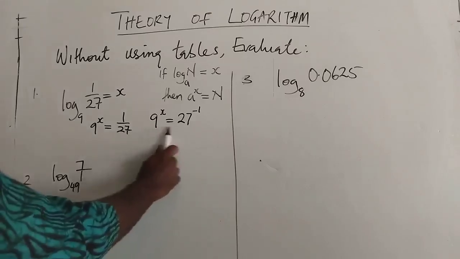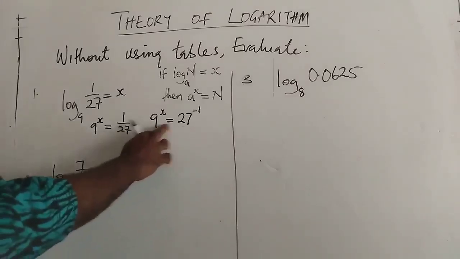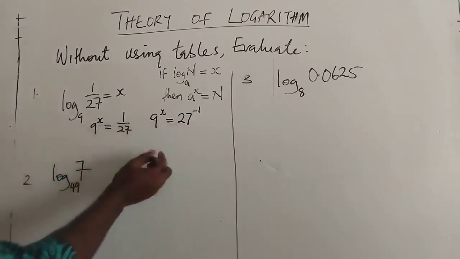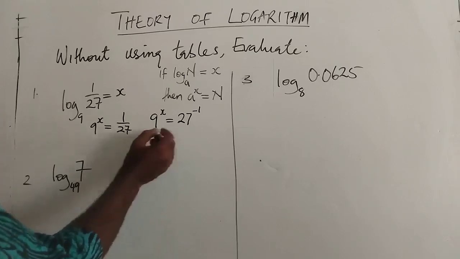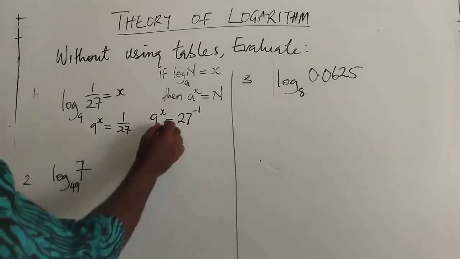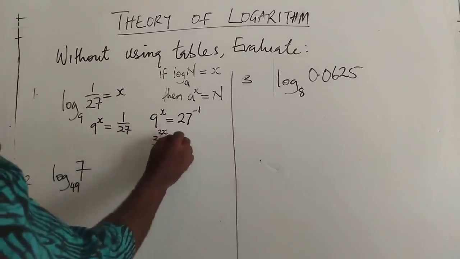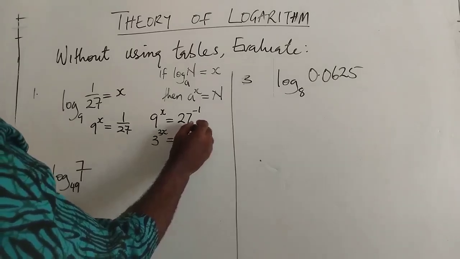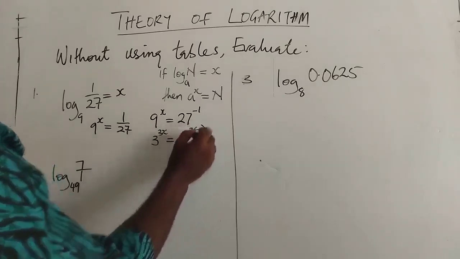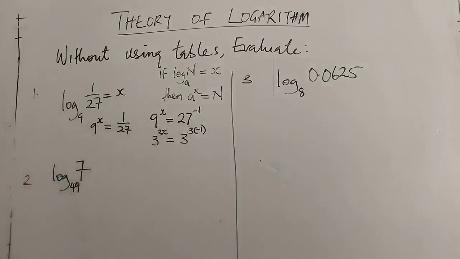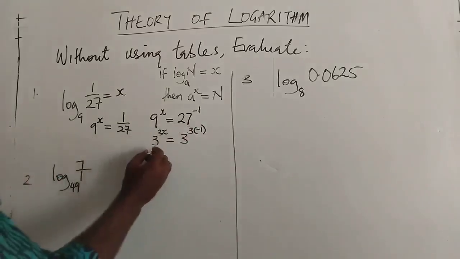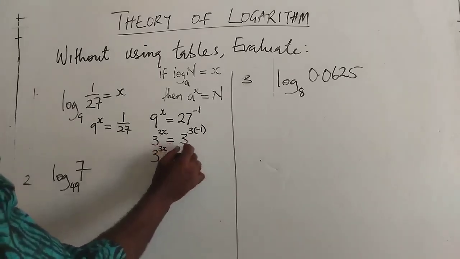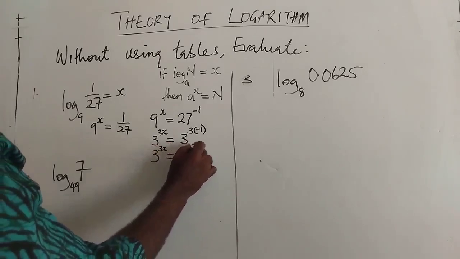Then, we have to reduce 9 and 27. Reducing 9, we have 3 raised to power 3x equals to 3 raised to power 3 bracket minus 1. Going further, 3 raised to power 3x equals to 3 raised to power minus 3.